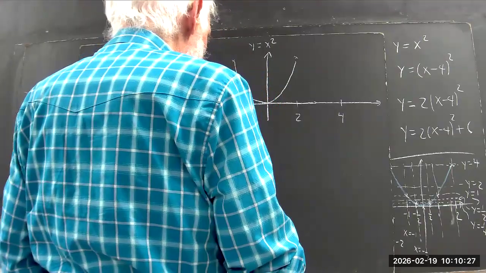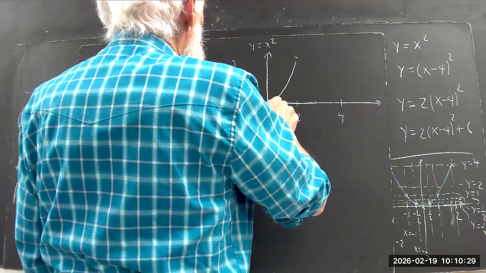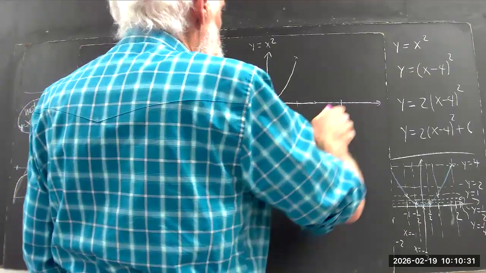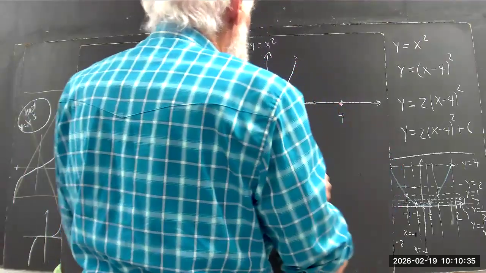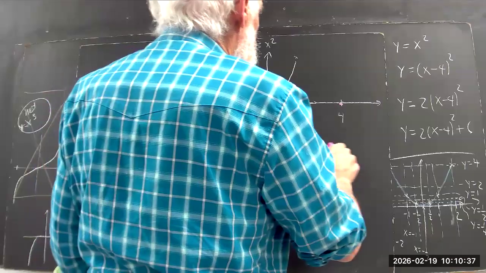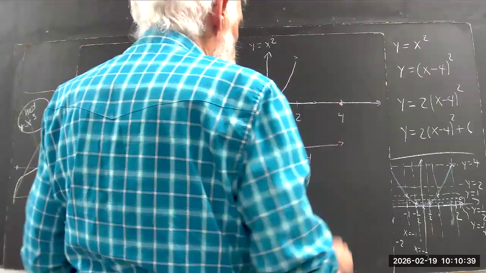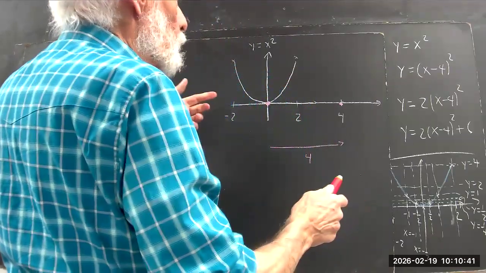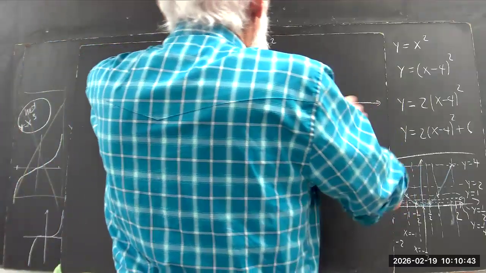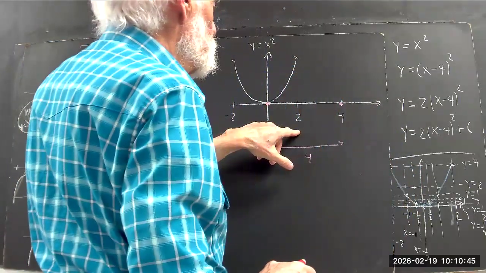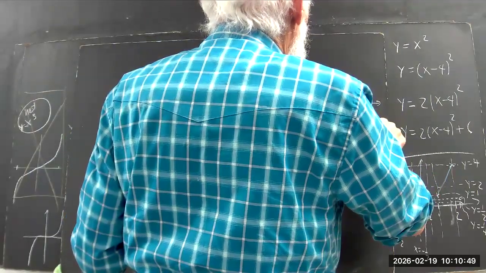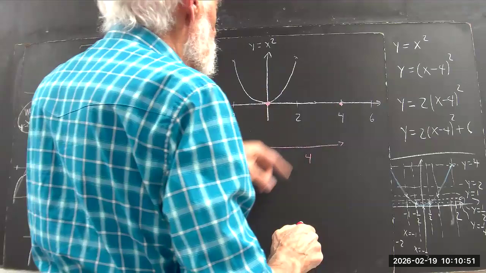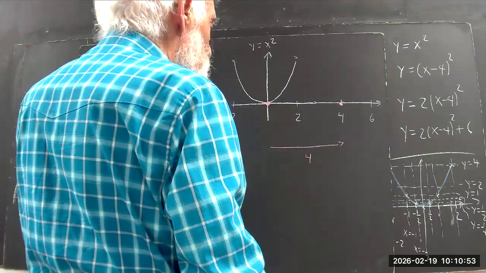So this point at the origin, which I'll indicate by a red dot, moves over 4 units. Every other point shifts 4 units. So x equals 2 becomes x equals 6. X equals negative 2 becomes x equals 2.